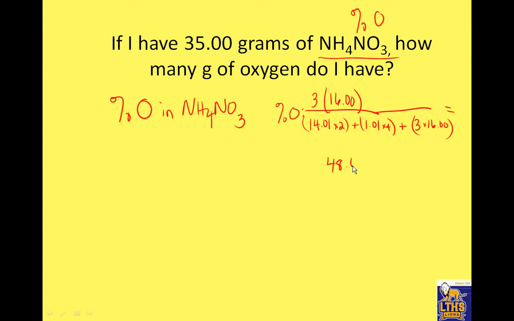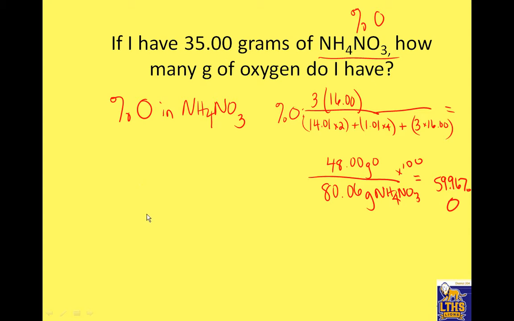So we end up with 48.00 grams of oxygen over the total of 80.06 grams of ammonium nitrate. So what this is telling us, times 100, is that there is 59.96% oxygen in this compound.